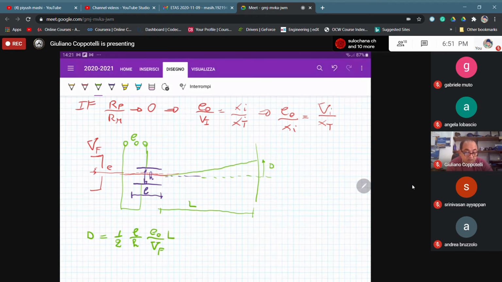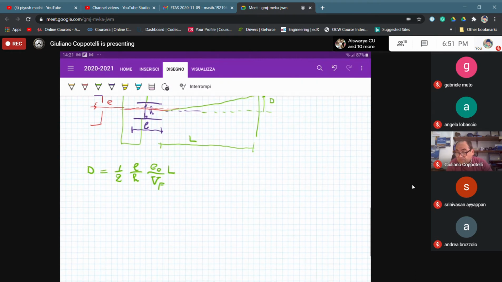So what we have is that the overall sensitivity, the distance with respect to your input displacement, is given by this ratio. The sensitivity that the deflection d has with respect to the input tension E0, times E0 over xi.